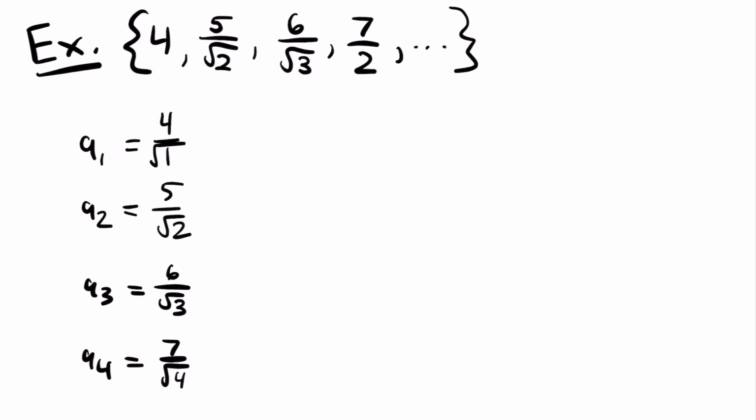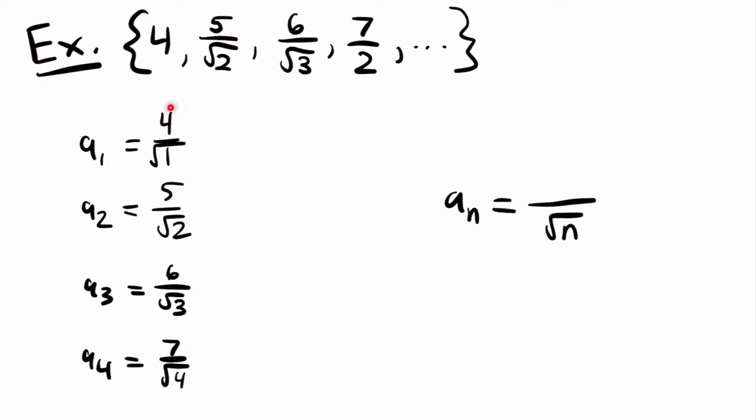Then for our third term, where n is equal to 3, this is equal to a fraction where we have the square root of 3 in the denominator. And then when n is equal to 4, we have the square root of 4. And so we can conclude that the denominator for each of our terms will be the square root of whatever value n is. So we can start to express our nth term by saying that the denominator will be the square root of n.